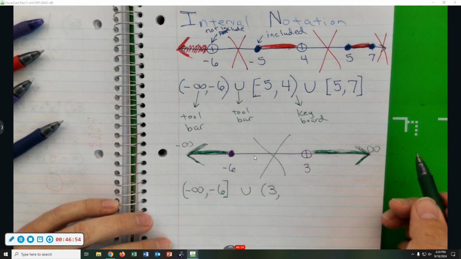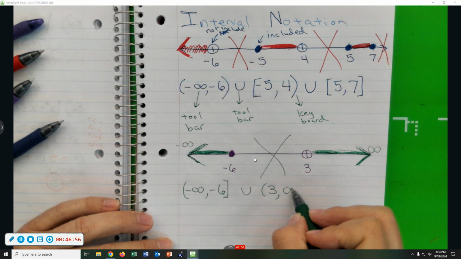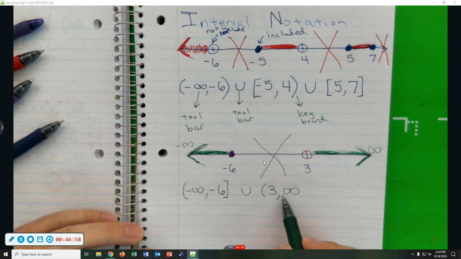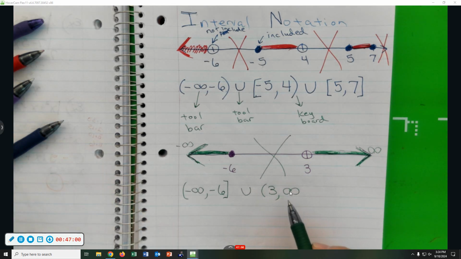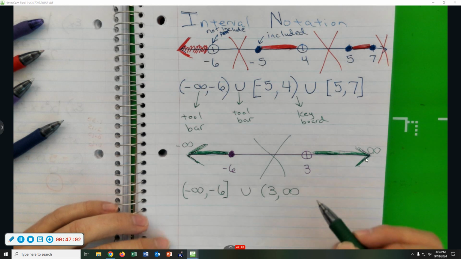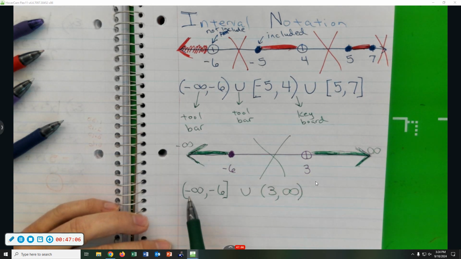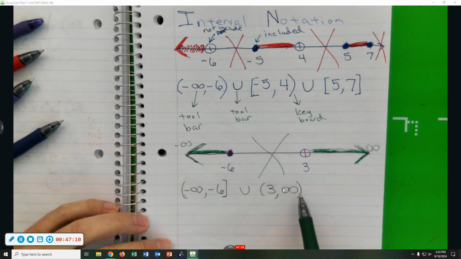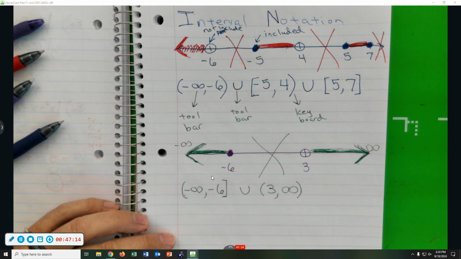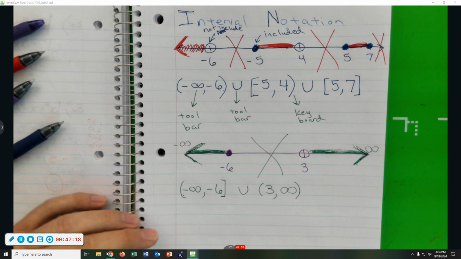It just keeps going and going forever. So you put a positive infinity. Notice there's no sign there, so that means you assume positive. Always put a parenthesis after a positive infinity. You always put a parenthesis in front of a negative infinity. You always put a parenthesis after a positive infinity. Any questions there?